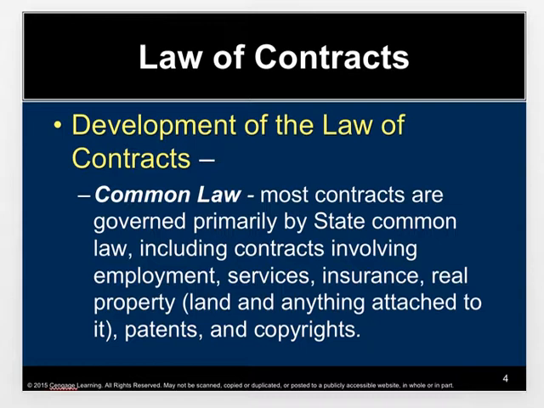And so that has codified the common law in at least some areas of contracts. So, for example, the areas of sales under UCC II has been codified. So we would look to statute for that. But for the most part, contract law is a creature of state law, state common law.